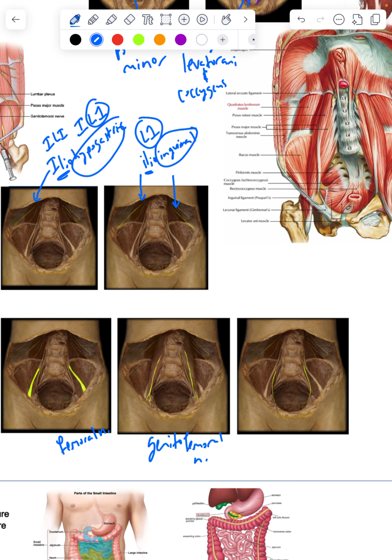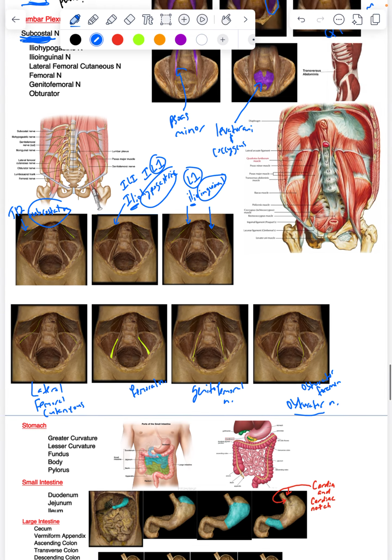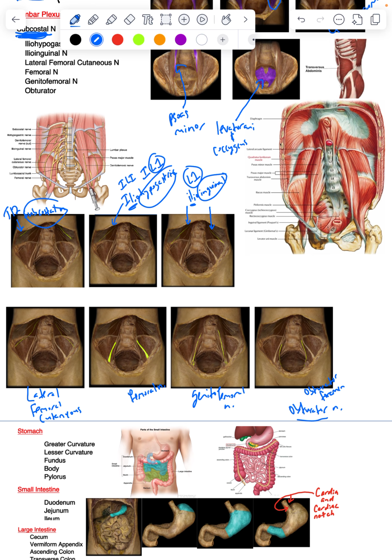The one going medial to it, the most medial one, actually has its own opening down there called an obturator foramen. So if the opening is called obturator foramen, then this must be your obturator nerve. So subcostal, iliohypogastric, ilioinguinal, you have a femoral and then a lateral femoral cutaneous.